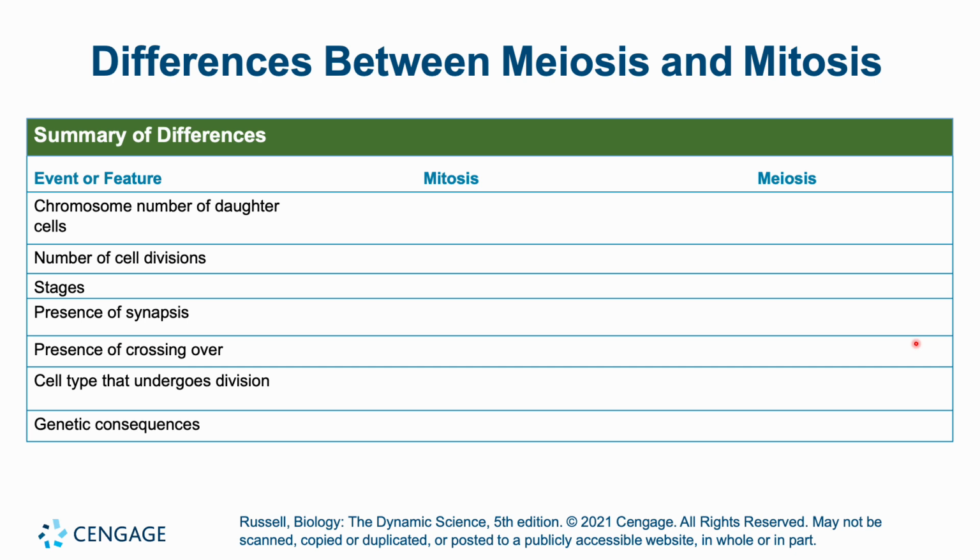So, for chromosome number of daughter cells, again, for mitosis, ilan kaya to? Okay, very good. So, for the chromosome number of daughter cells in mitosis, it is the same number as the parent cell.